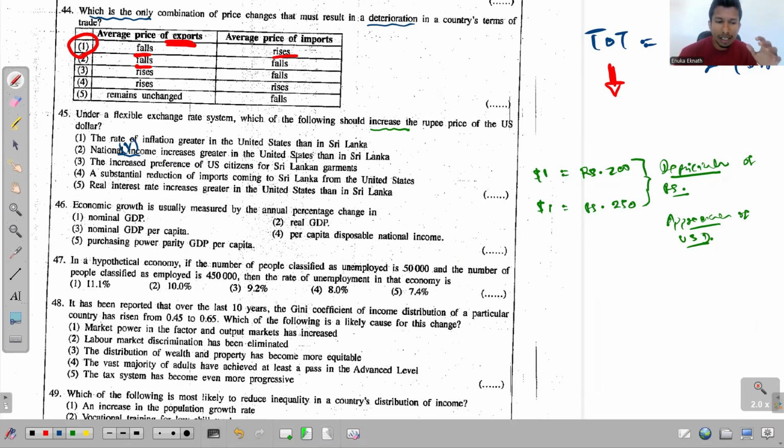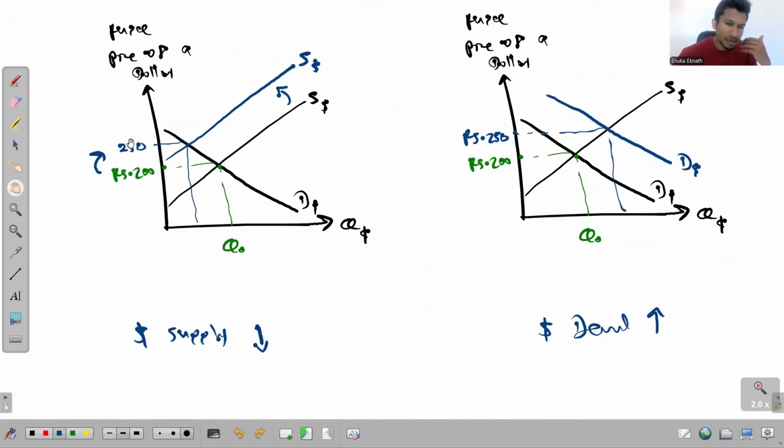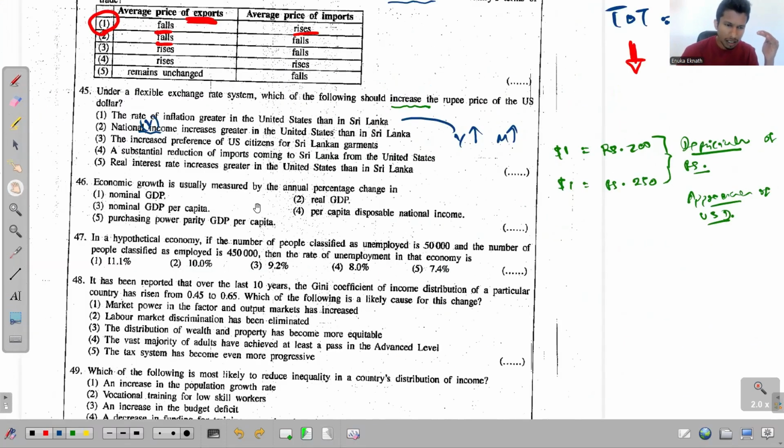USA imports will increase, right? You can understand that by referring to question 29. So when income increases, imports increase like in option 1. So once again, what will happen? The dollar supply will increase. If their imports go up, the dollar supply will increase. Then again, the rupee will be appreciated, not depreciated. So again, that is not the answer.